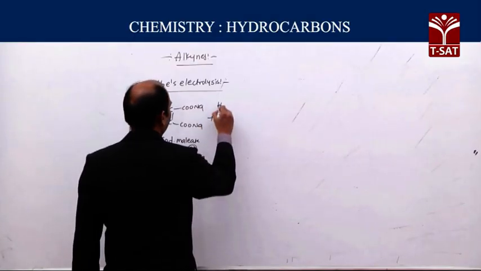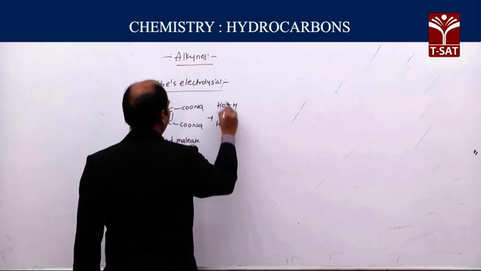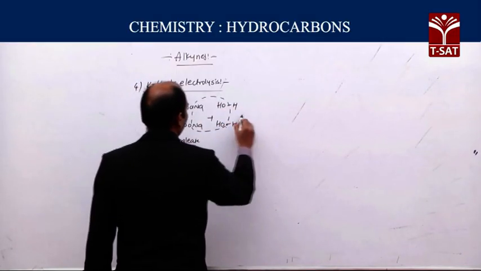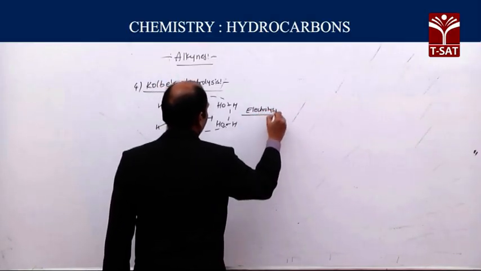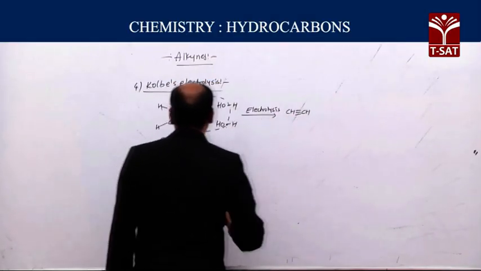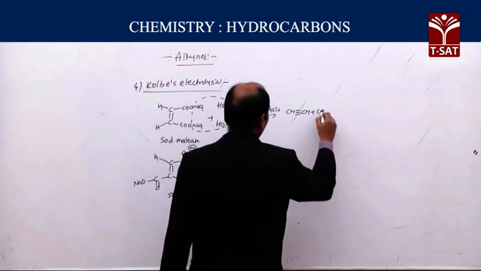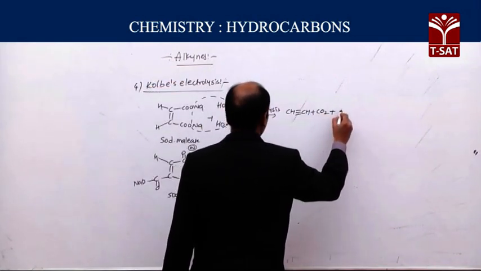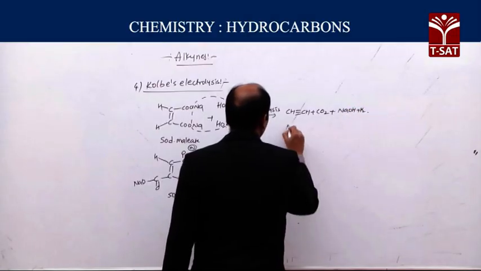On electrolysis of the aqueous solution, it is converted into CH triple bond CH. This follows a free radical mechanism, plus CO2 plus NaOH plus H2 gas. This is acetylene.